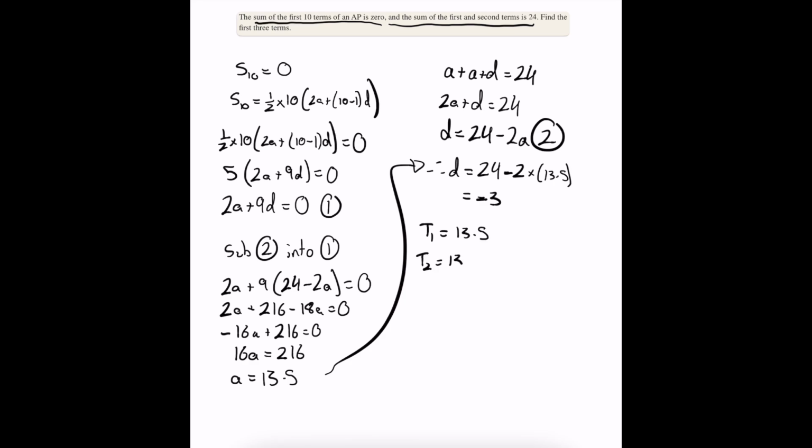T2 is equal to 13.5 minus 3, because it's our first term plus the difference, which is -3. And that equals 10.5. And our third term is 10.5, which is that second term, minus 3. And that gets us 7.5. And that's our answer to this question.